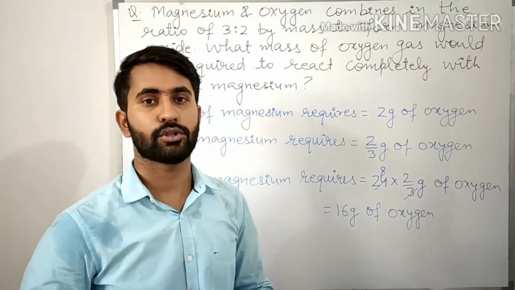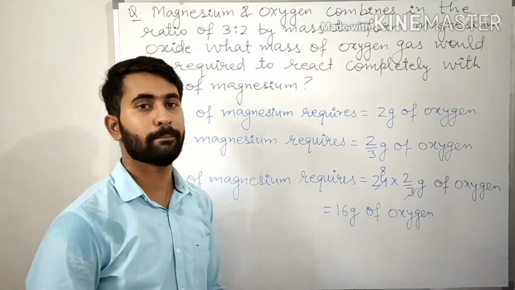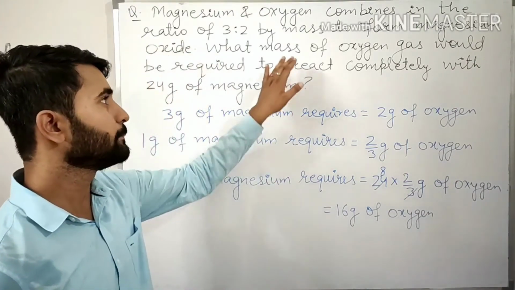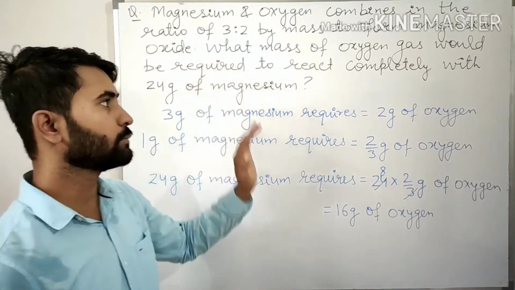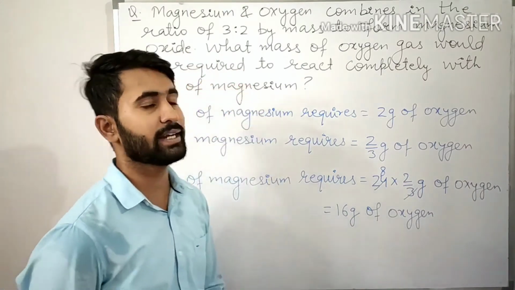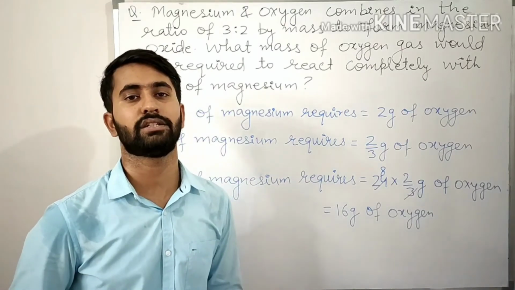Now the next question is, magnesium and oxygen combine in the ratio of 3:2 by mass to form magnesium oxide. What mass of oxygen gas would be required to react completely with 24 grams of magnesium?